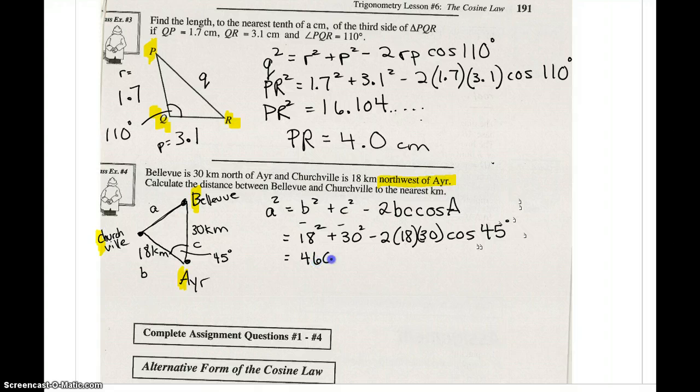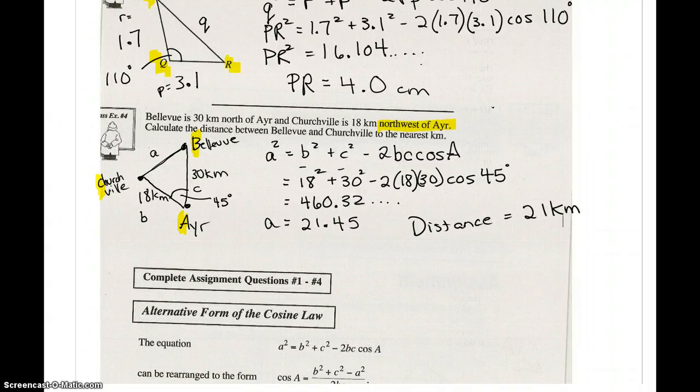I end up with 460.32. If I take the square root of that, I end up with 21.45, and that is actually the distance between Churchville and Bellevue. So you can see the real application to this using trigonometry is a very practical skill. All right, so that's it, and you should be able to do the next questions 1 to 4.